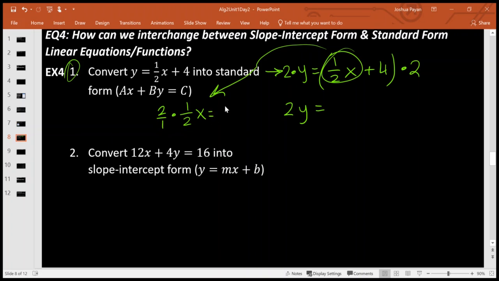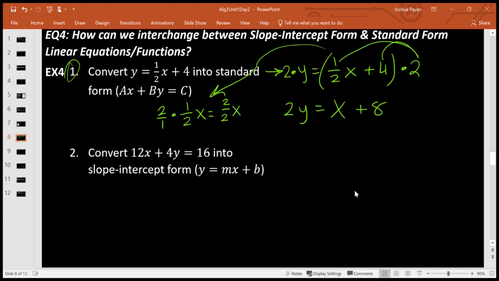And what I'm going to end up with is 2 over 2 times x, which of course is just effectively x, right? So now I've gotten rid of this fraction and I don't need to worry about it anymore. And that is a step closer to satisfying the criteria for being in standard form. And after I distribute to there, I also have to distribute to this 4. So that becomes x plus 8 now.